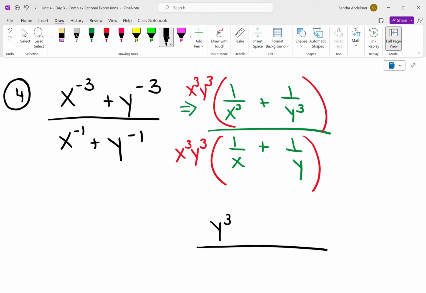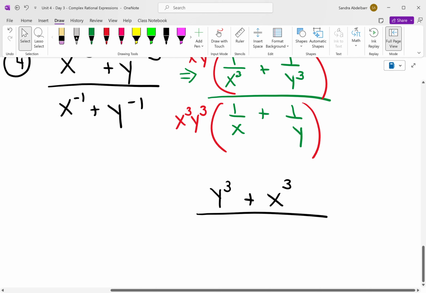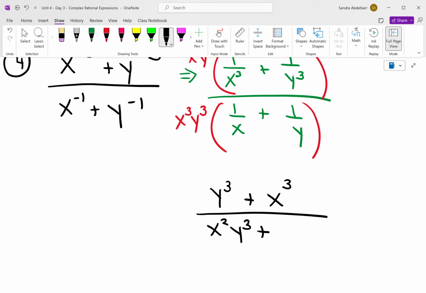But in the first one, the x cubes cancel. So we're just left with y cubed. In the second one, the y cubes cancel, so we're just left with x cubed. In the denominator, we are going to be left with x to the second, y to the third. And then we're going to be left with x to the third, y to the second. Did I mess that up or are we good?